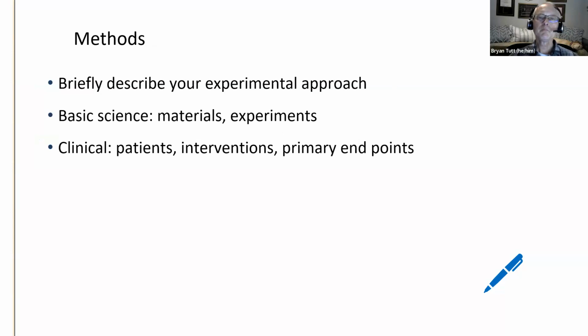The methods, of course, will describe your experimental approach. You can't go into a whole lot of detail, but in general, a basic science study should talk about the main materials used, like a particular cell line or a particular type of mice, or in a clinical study, it should include the patient's description, what type of cancer they had, were they in a particular age range?